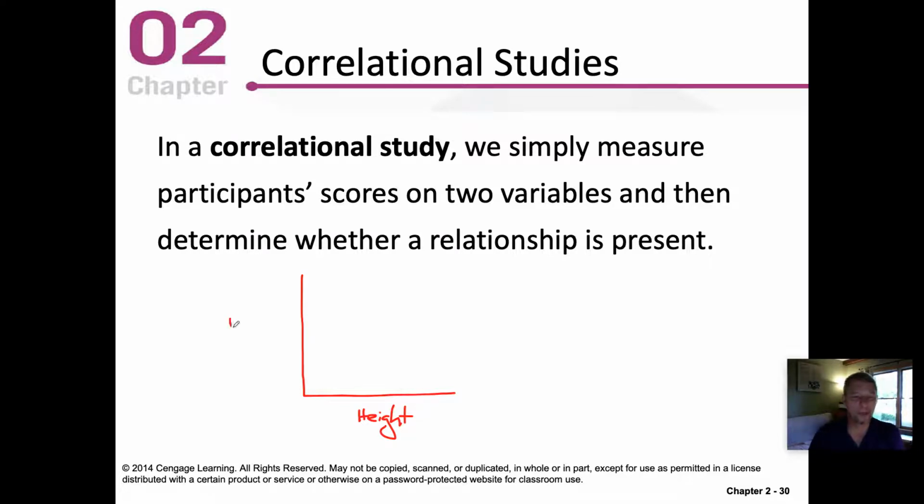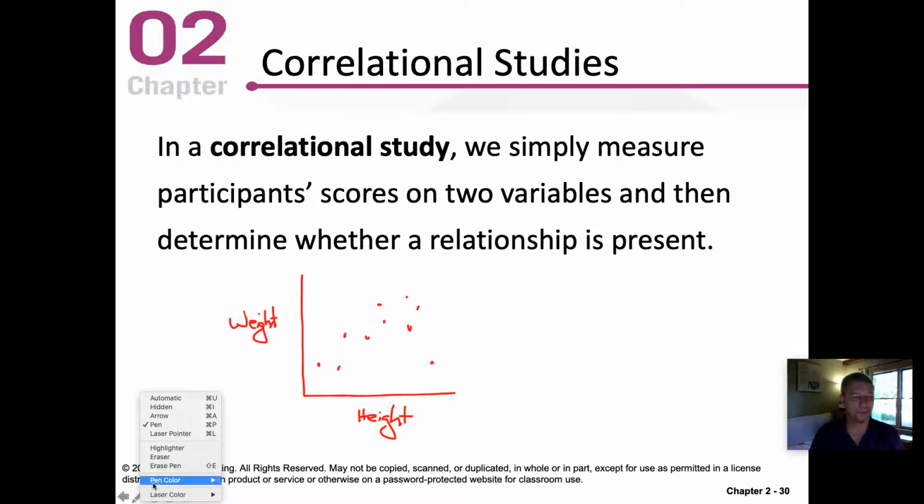But your weight is dependent upon how much you eat, right? Calories in, calories out, that sort of thing. And so, you might find a data point here and here and here and here and here, and here. And something like that.